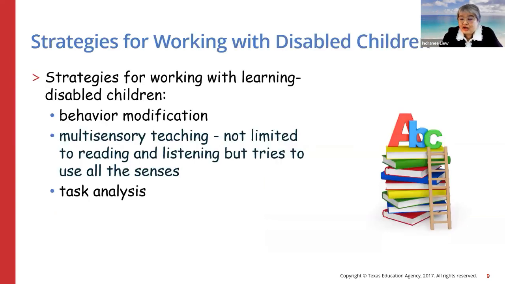If you are going to work with children with disabilities, there are 3 strategies that you need to remember. 1, behavior modification. 2, multisensory teaching. And 3, task analysis. When I was talking about behavior management, I also talked about behavior modification. So you want to change the behavior.